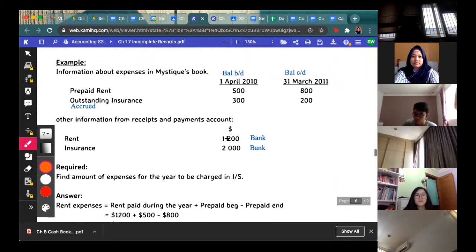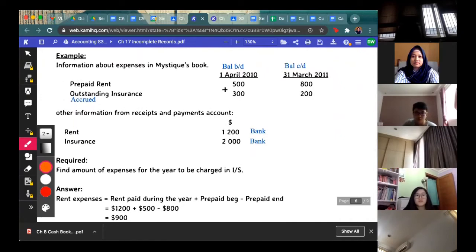Now, for example, here we have information about expenses in Mystic's book. You have information on 1 April 2010 and 31 March 2011. So 2010 will be for balance BD, and 2011 will be for balance CD. You have prepaid rent, opening and closing.